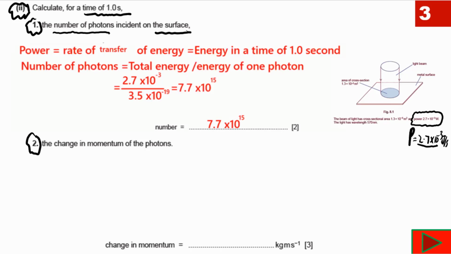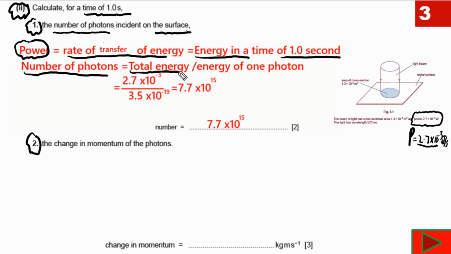If you look at this, I have already done these calculations. The concept is very simple. First thing you need to understand is, what is power? Power is the rate of transfer of energy. So how can we calculate the number of photons?